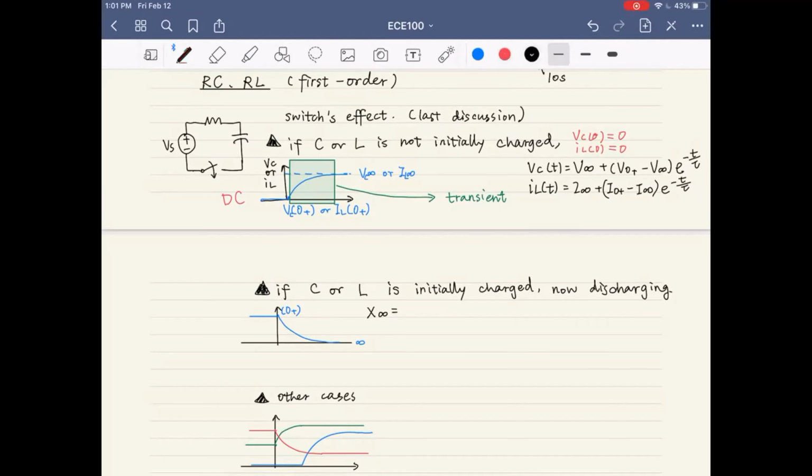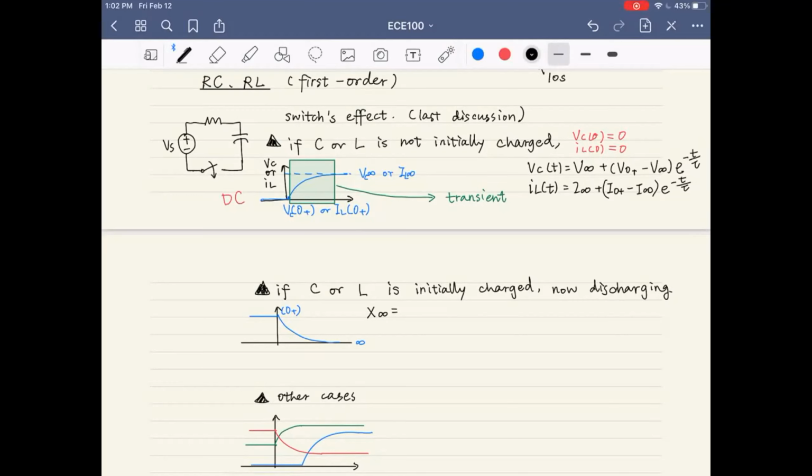And V infinity means its final value, its steady value, because after a long time, which means it is steady, the capacitance will finally become an open circuit, right? For a capacitance, when it reaches its upper bound, no more electrons are flowing to the plates, so no more current will flow at both ends of the capacitance.